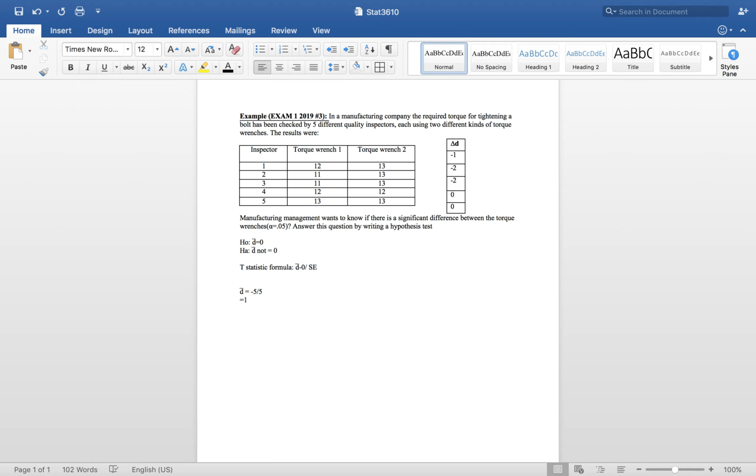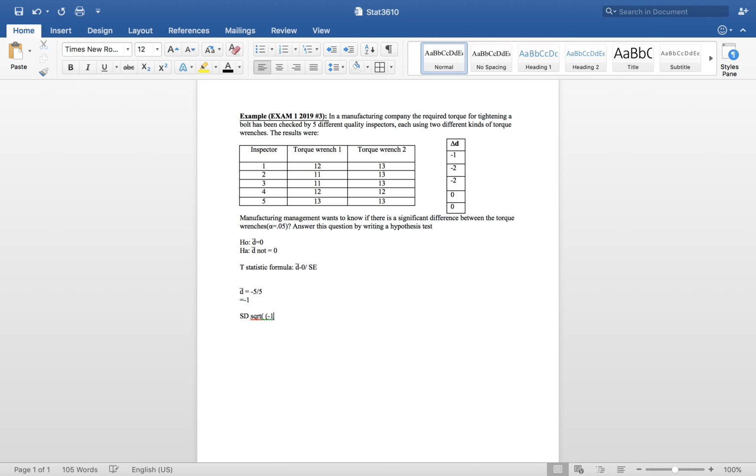Next, we need to find our standard deviation of the differences D. So we will do this by the square root of the sum of each of the differences minus our mean of -1.